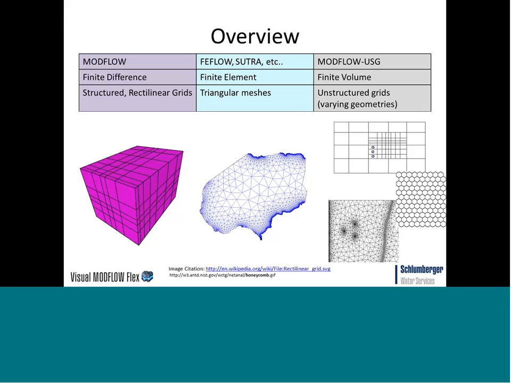And the new version, MODFLOW-USG, is a finite volume approach, which allows you to use unstructured grids that can have any type of grid geometry. Some examples shown there would be rectangular grids that have nested or quad tree grid refinement, where you have gradually smaller rectangular grid cell size around features of interest such as wells, polygonal grid shown in the middle, and then lastly a triangular grid.